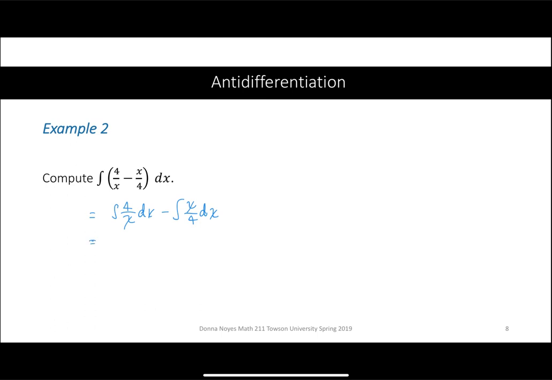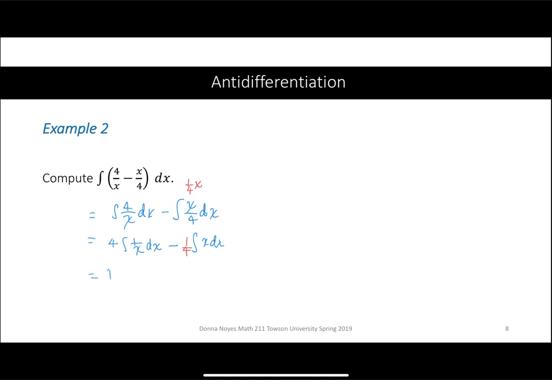But I can use that constant multiple rule to change it a little bit more by bringing this 4 to the outside and making it the integral of 1 over x dx. And for this second one, it may not be obvious what number it is you can bring out, but x over 4 is the same as 1/4 x. So in that case, you have 1/4 times x. You can bring 1/4 to the outside and leave just the x dx on the inside.